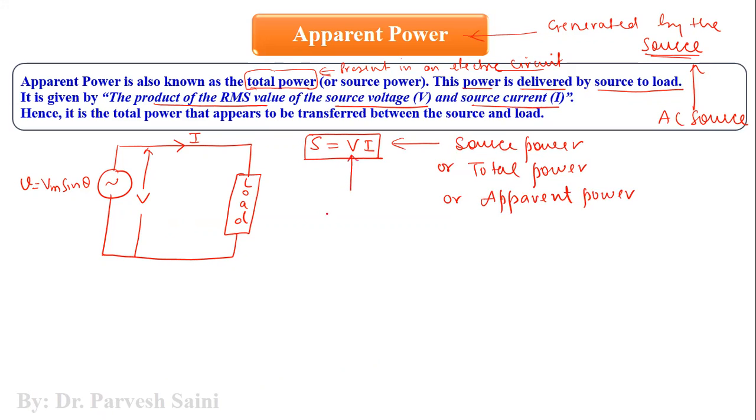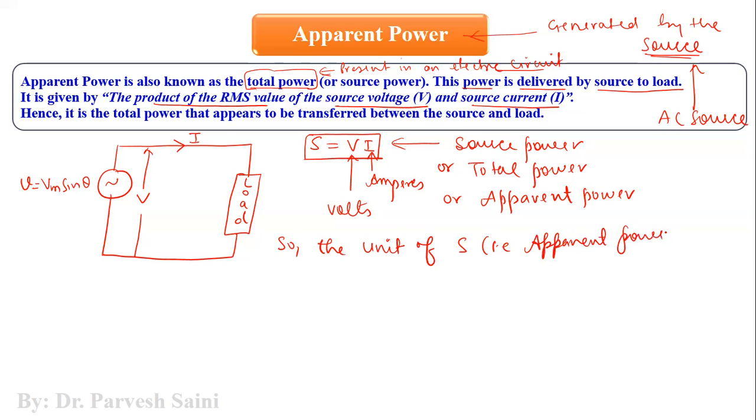Now, because the voltage is measured in volts and current is measured in amperes, the unit of S, that is apparent power, is volt amperes, that is VA. So all the AC sources have their power rating in terms of volt amperes. So this is the power which is generated, produced, delivered, transmitted from source to load.